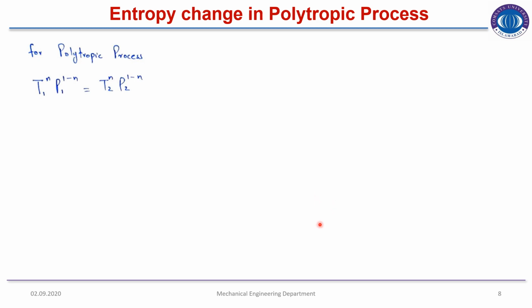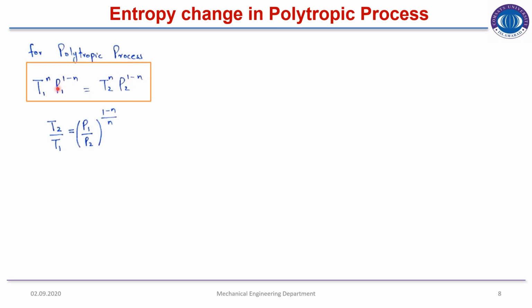Now we will be using the third equation for the polytropic process to derive the entropy change equation. The equation is T1 to the power n, P1 to the power 1 minus n, equal to T2 to the power n, P2 to the power 1 minus n.